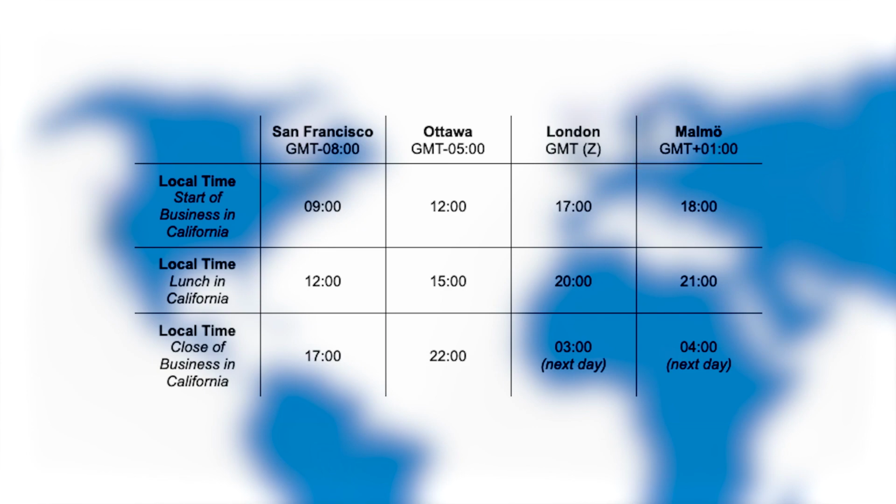This table shows that for different times of day in California, so start of business at 9 o'clock, lunchtime at noon, and close of business at 5 o'clock, we can see the associated local times at that point in time for all of the other offices.